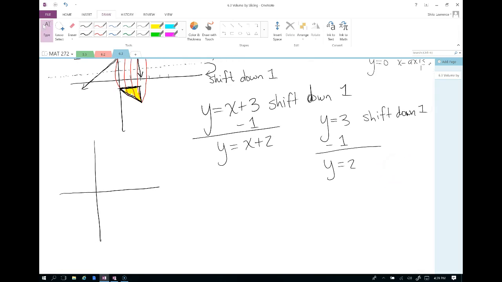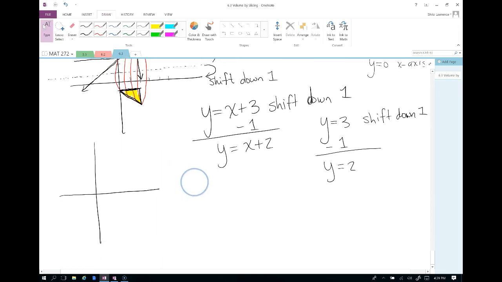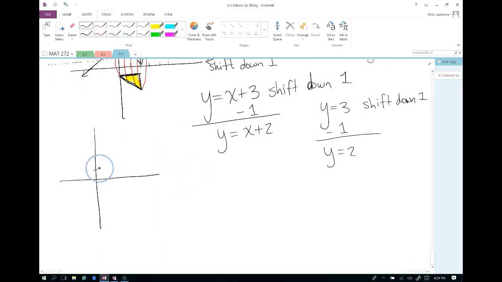So it's just going to make it so that we have the exact same volume, except now it's revolved around the x-axis. So y equals x plus 2 has a y-intercept of 2, and it's got a slope of 1. So right 1, up 1, right 1, up 1. And then the line y equals 2 is a horizontal line at y equals 2.